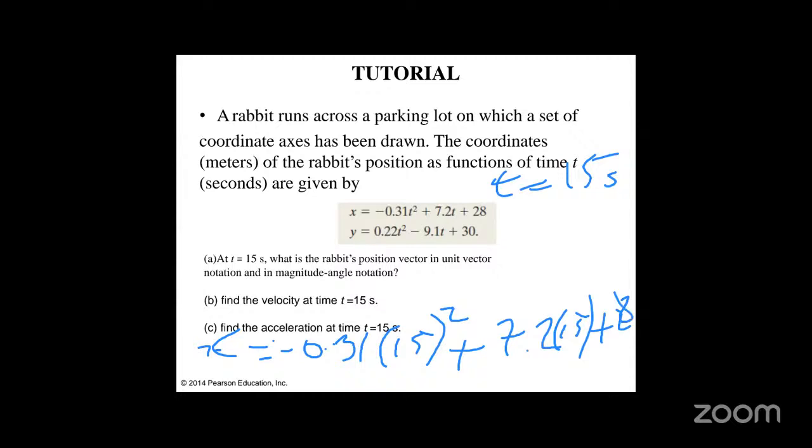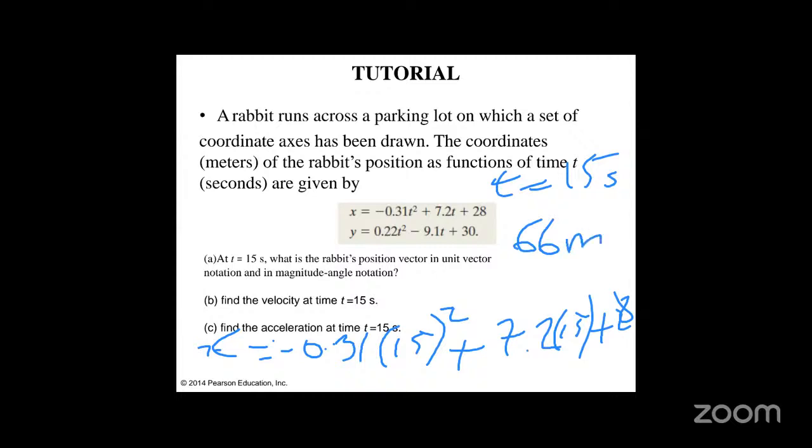So now 15 squared times minus 0.31 plus 7.2 times 15 plus 28 will give us 66 meters.